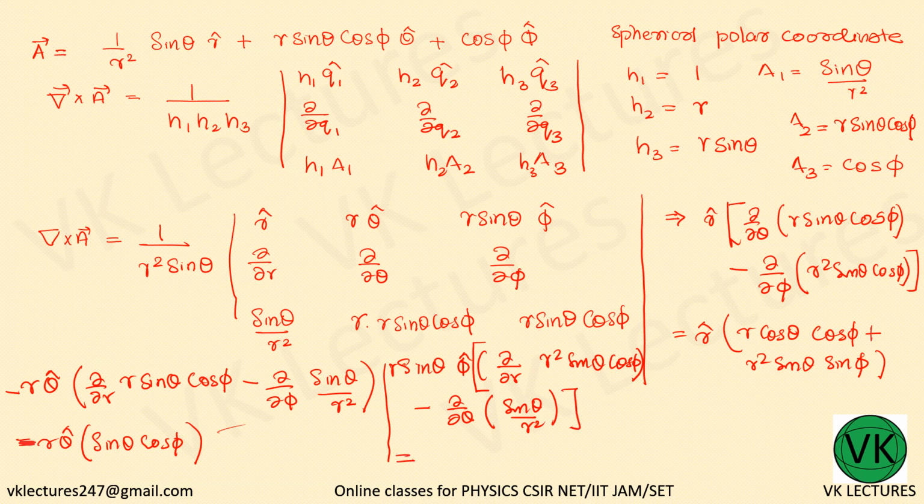So what is remaining? r sin theta phi cap into dou by dou r of r square, so 2r sin theta cos phi, minus dou by dou theta of sin theta by r square, that will be equal to minus cos theta by r square.